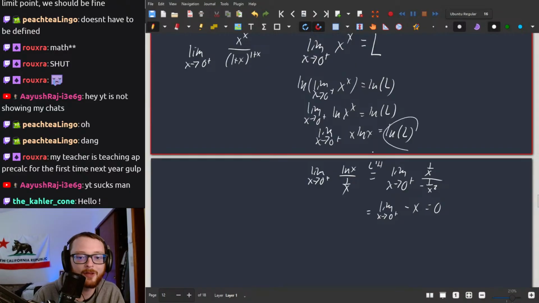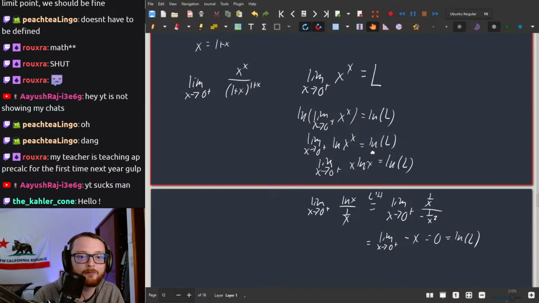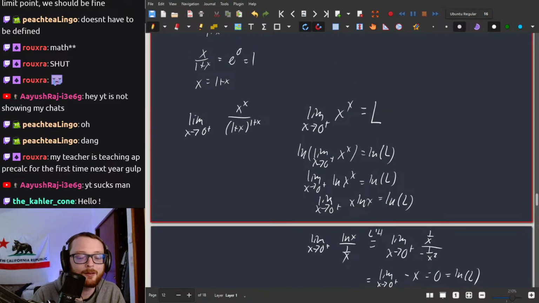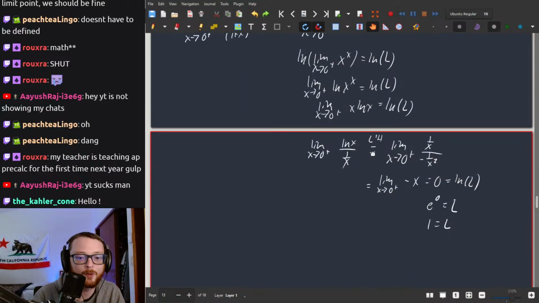But remember, this is equal to ln of L. So the limit of x to the x is e to the 0, which is 1. So the limit of x to the x as x goes to 0 from the right is 1, from the work that I did down here.